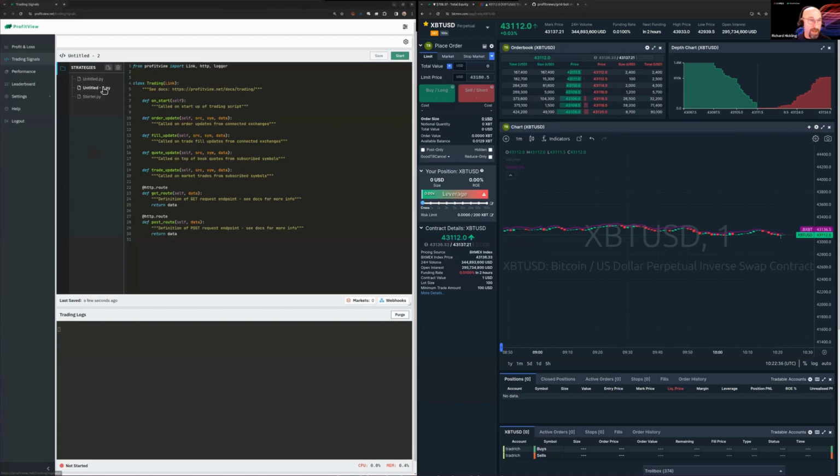Okay, there we are, created it, and now I'll call it something. I'll call it GridBot. And then there it is, GridBot. Now, as I say, this is the default code which shows the entry points for the event-driven system, but we won't go into that now.